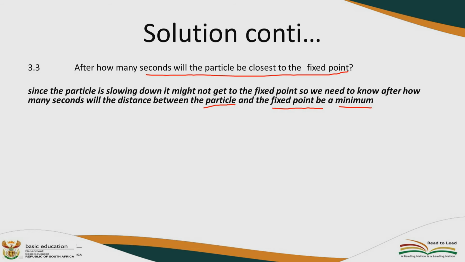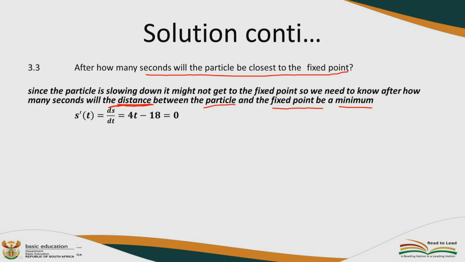This makes this part of the question a minima and maxima type of question, where we say the derivative should be equal to 0. But what derivative are we talking about? We are talking about the derivative of the distance, because we are looking for the minimum distance between the particle and the fixed point.